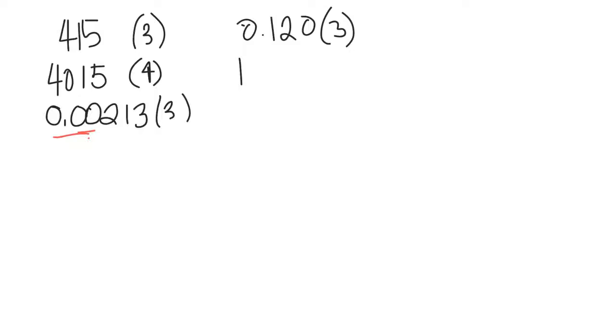How about 1,200? 2. Why? Because the zeros are only significant if there's a decimal. There's no decimal point here.